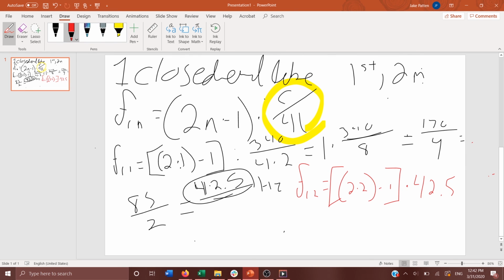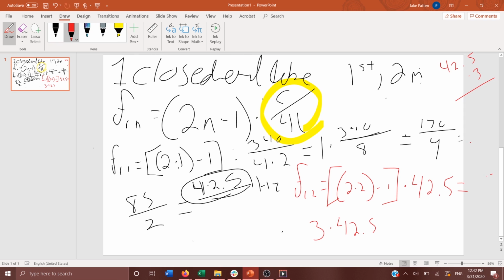2 times 2 is 4, 4 minus 1 is 3, so this equals 3 times 42.5. Let's just do that up here in the margins. 42.5 times 3. That's 15, carry the 1, that's 6, add that, so it's 7, that's 7. 3 times 4 is 12, and then we need to move our decimal, so it's 127.5 hertz.